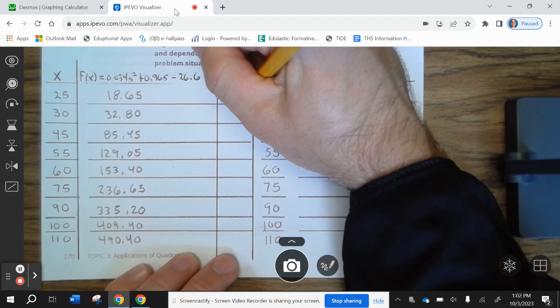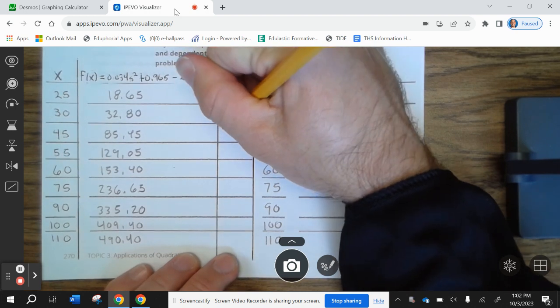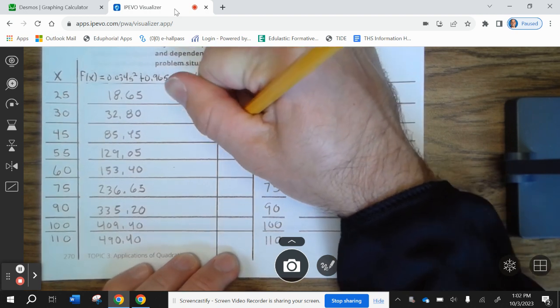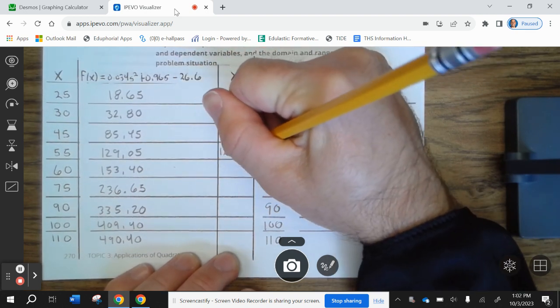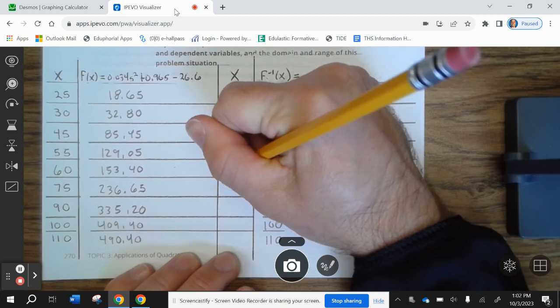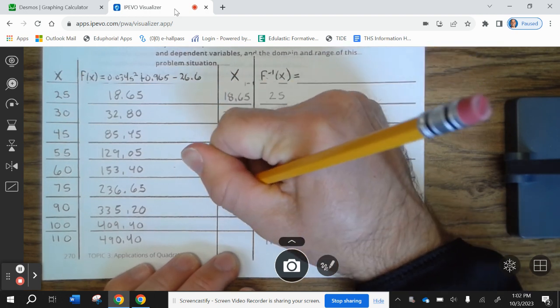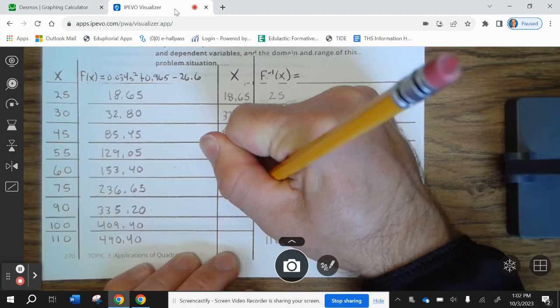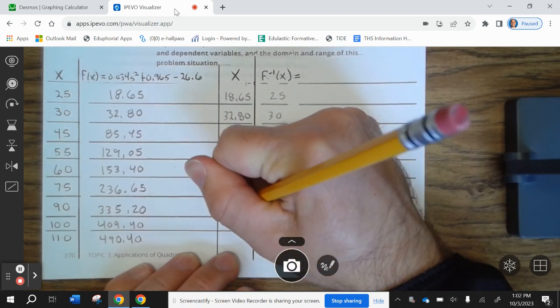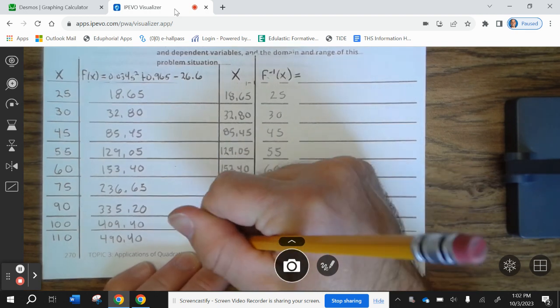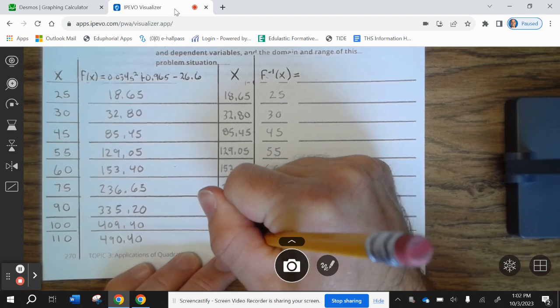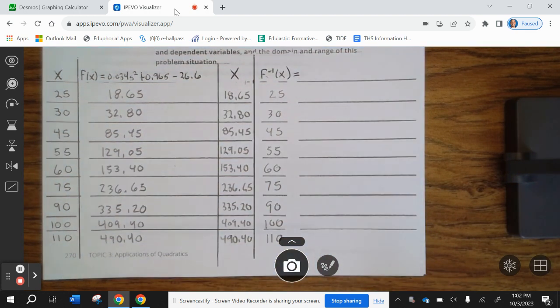And this becomes... now we're going to use regression using these points to find the equation.